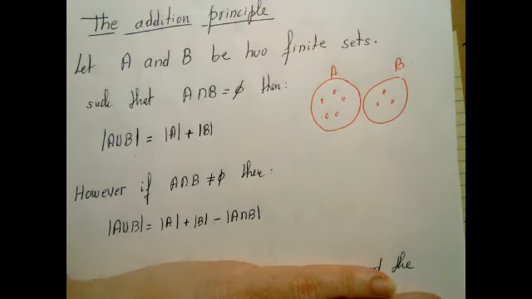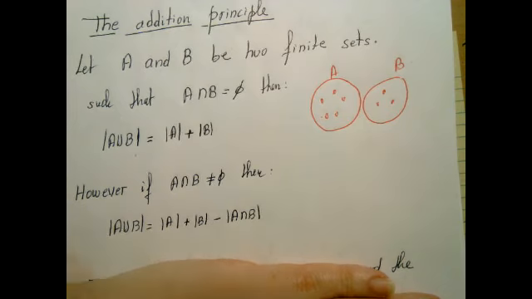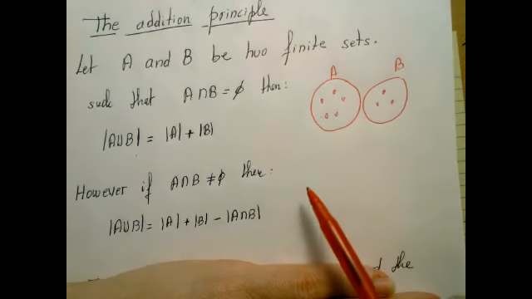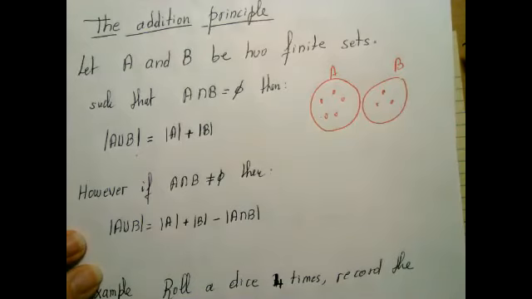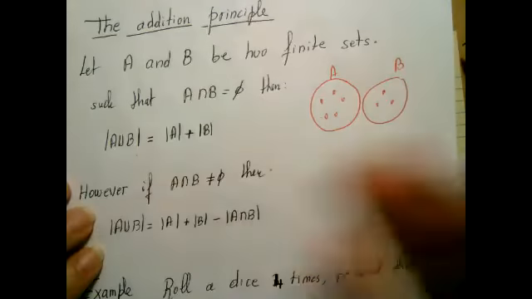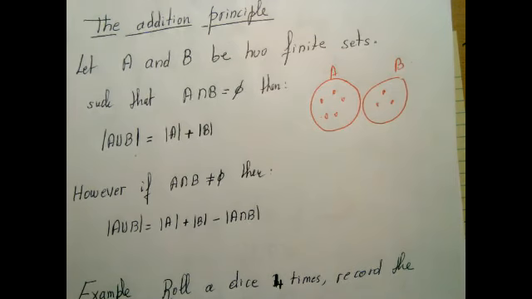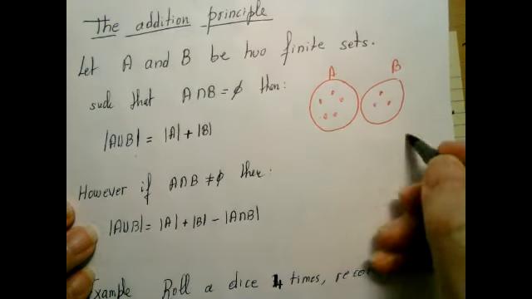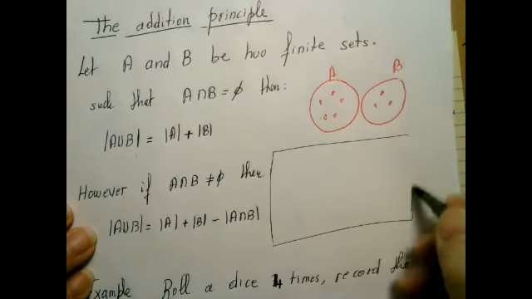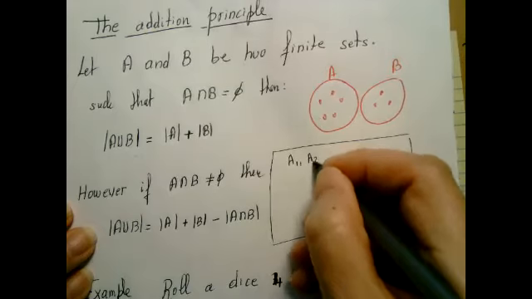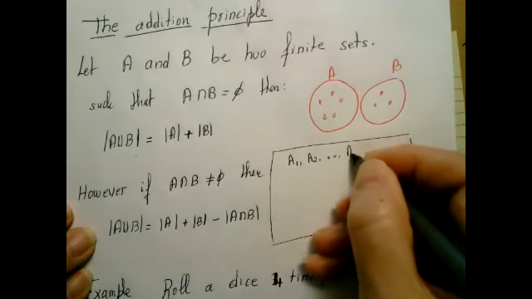As long as the intersection is empty, if I want to see how many we have in the union, I add how many in A and how many in B. And this generalizes. If I have a lot of sets such that no two of them intersect, then I can also break it up. Suppose I have sets A1, A2, in general An.